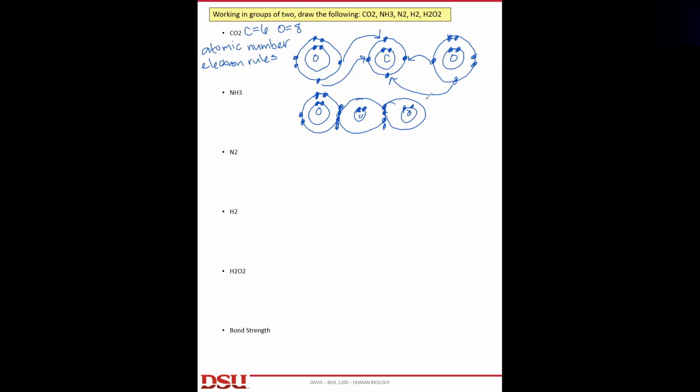Isn't that lovely? So essentially this shows how those electrons end up being shared. Since we have 2 electrons being shared between our oxygen and carbon, this means that we're dealing with a double covalent bond.